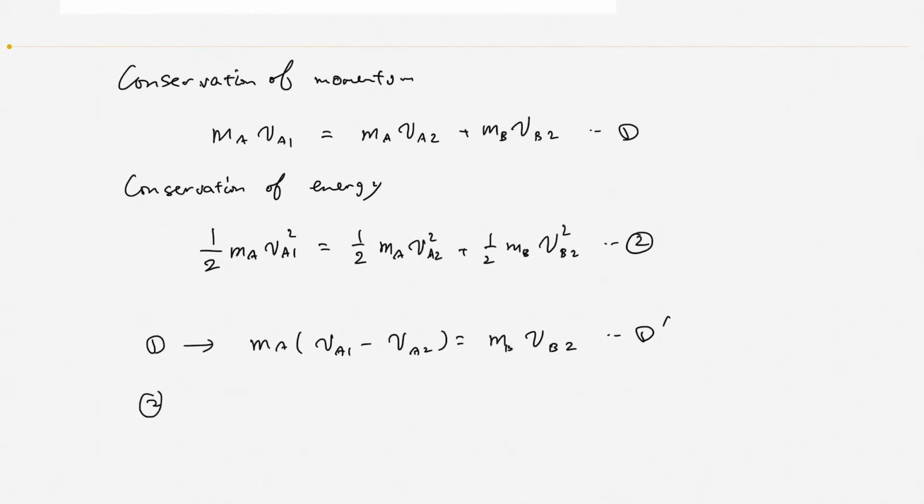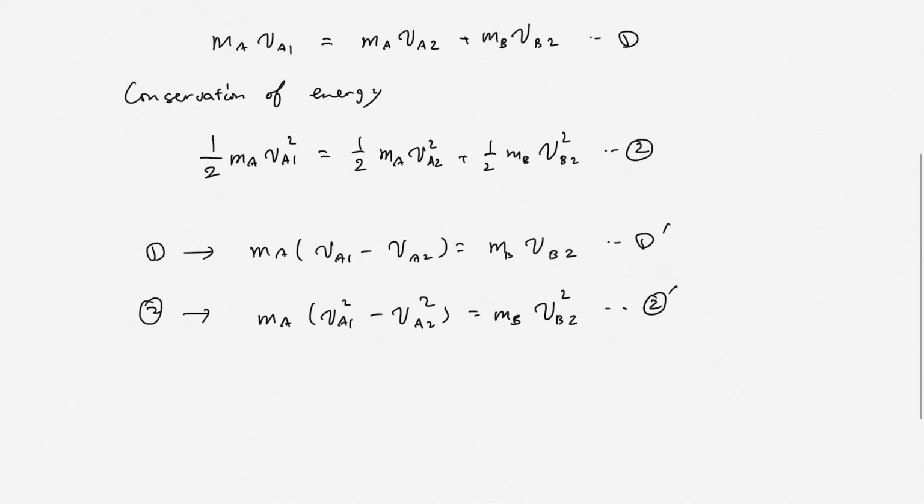From the second equation, we can collect the terms related to m sub a on the left hand side: v sub a1 squared minus v sub a2 squared equals m sub b, v sub b2 squared. This is the modification of the second equation.